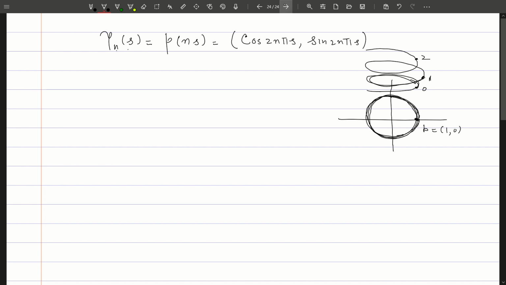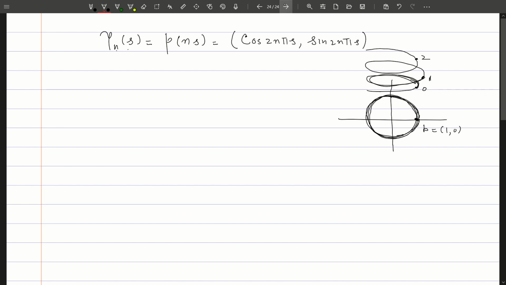For n equal to 2, we have a loop on the circle which travels the circle two times, and the lift starts at 0 and ends at 2, and so on. That means for any n, the loop on the circle which travels the circle n times has a lift that starts at 0 and ends at n.